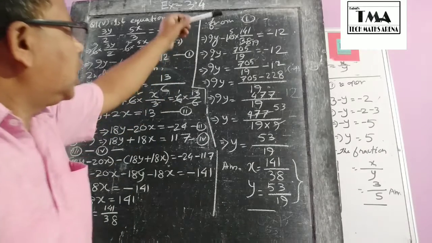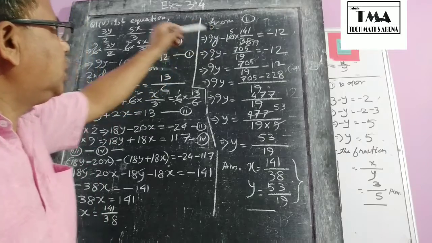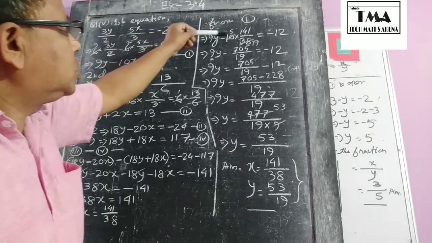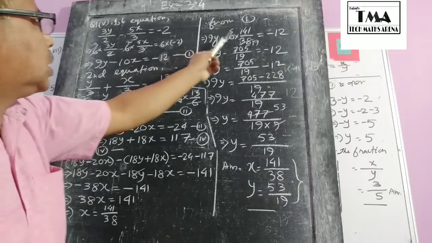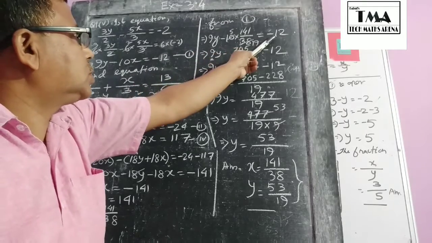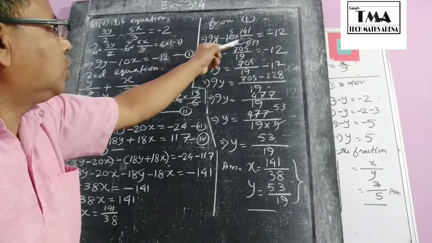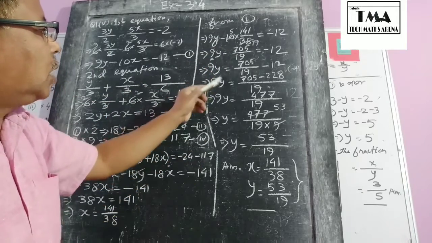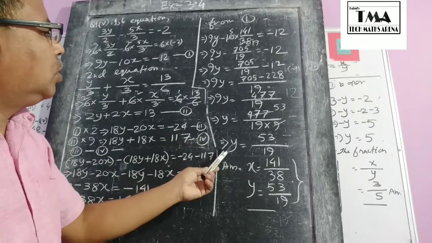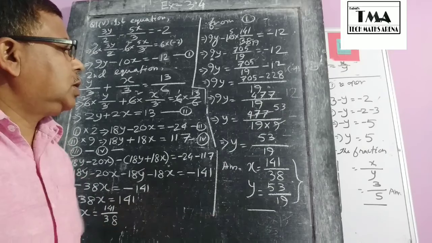Now putting x is equal to 141 by 38 in equation 1, 9y minus 10x, 10 into the x value, is equal to minus 12. Now the common factor was 2, so cutting by 2 and simplifying, we get y is equal to 53 by 19.